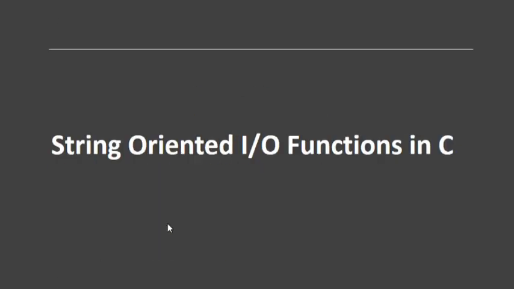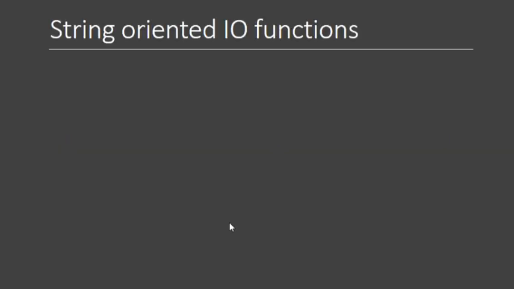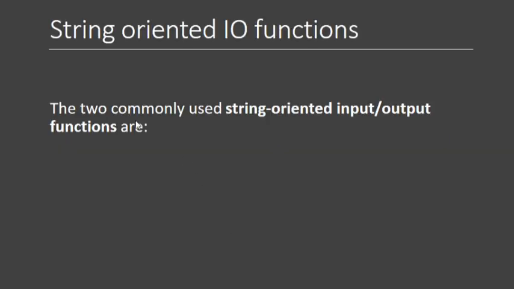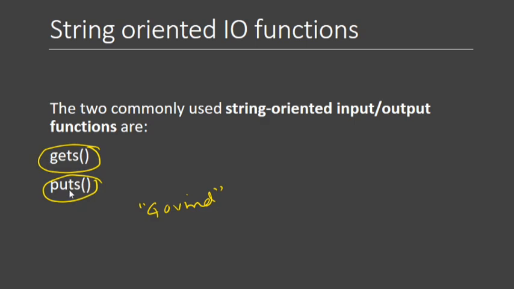Now I'm going to discuss string oriented input output functions in C. The two most commonly used string oriented input output functions are gets and puts. gets is used to read only a string from the keyboard, and puts is going to print a string onto the monitor.